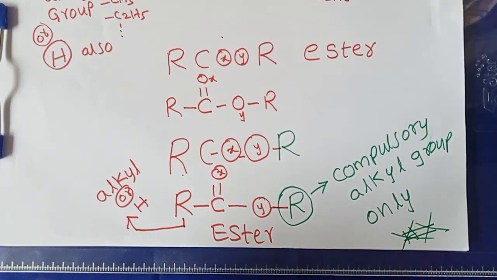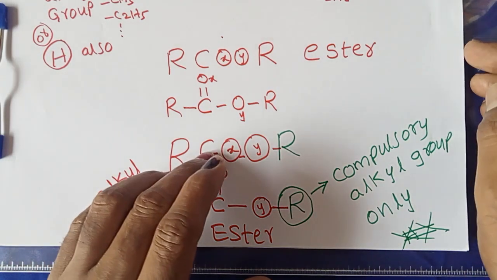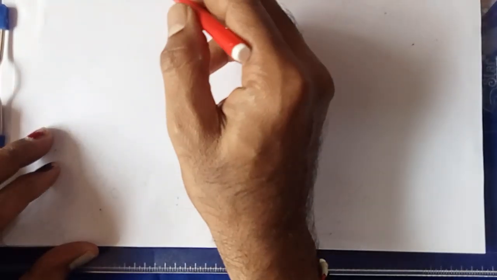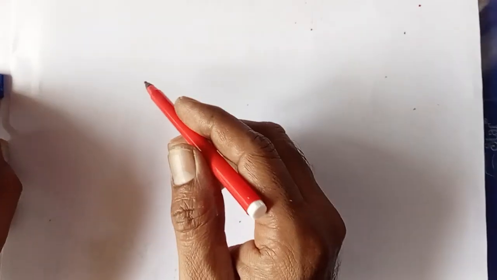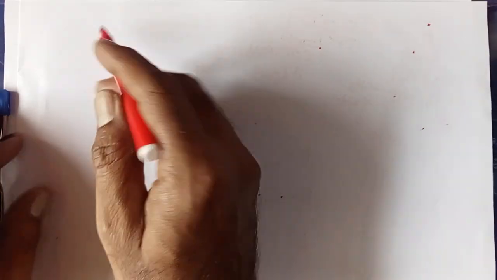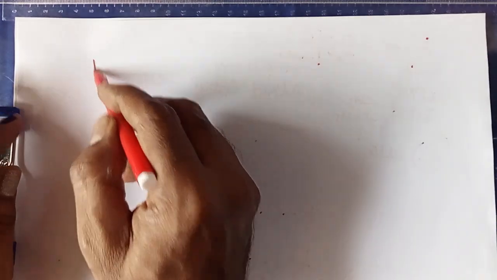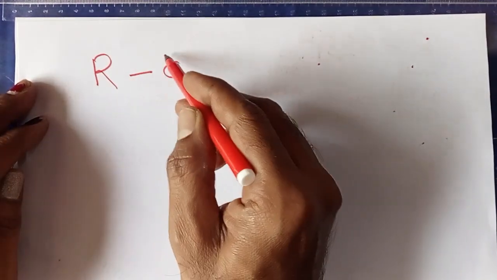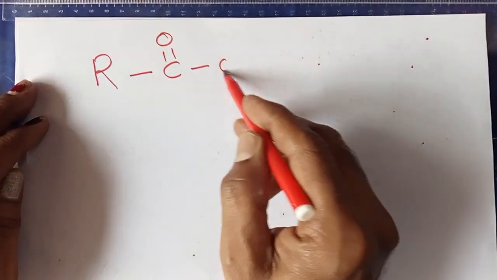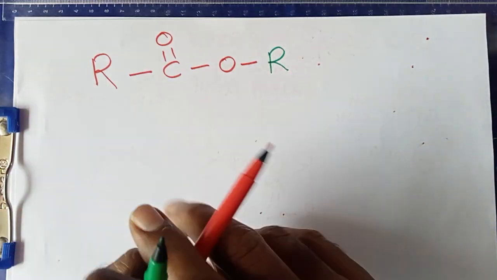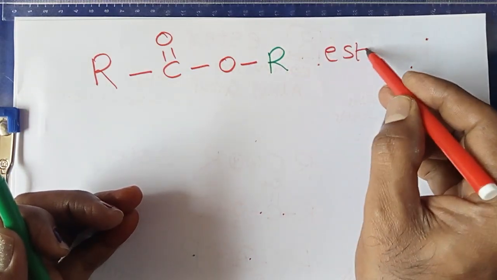This is the identification of the ester functional group, the first point. The second point: for example, here R, C double bond O, and R. This is the ester.